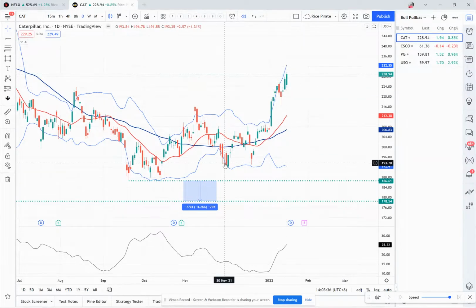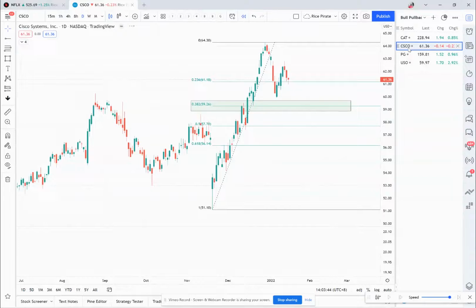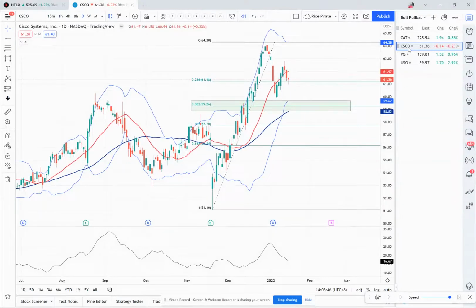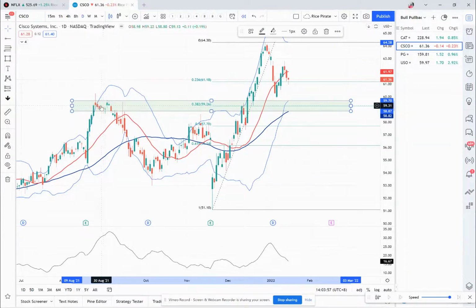So Caterpillar is on my watch list. If we reversed a little bit, came down, and then pulled back up, I'd be willing to take this thing long. Cisco is another one, maybe a little closer. If we do get a pullback into this zone, you can see that zone also is a pivot high, and the 38.2, and in this case, the reference moving average, which is the 50, would be coming down.